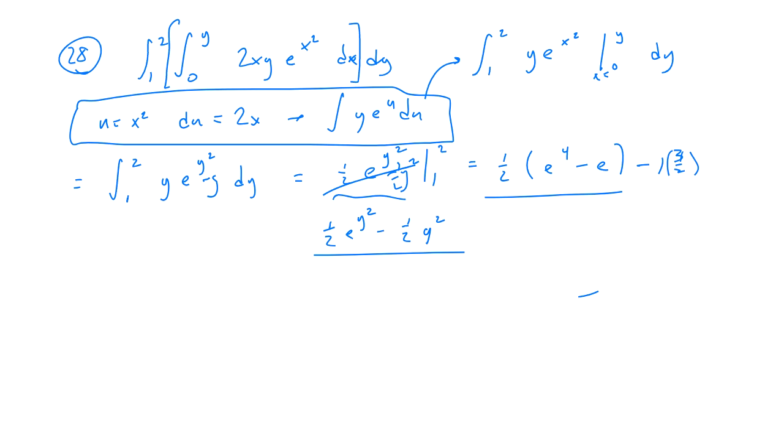Oh, the 1/2. So that came from here, right? I forgot to plug in the 0. If I plug in x equals 0, I get y e to the 0, which is y.